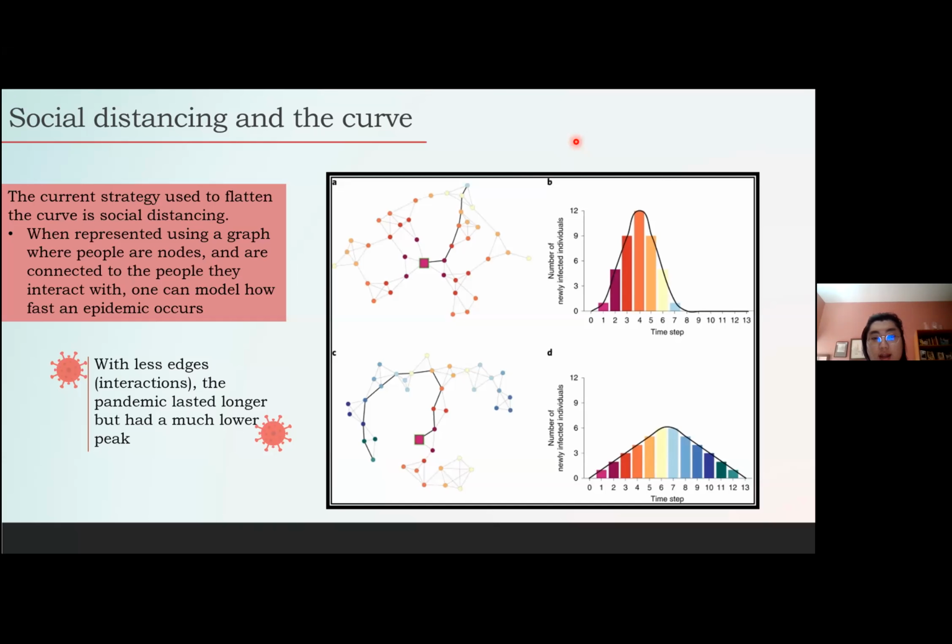But in the second graph, what they did was they enacted social distancing based off a couple of different strategies. The first that we'll be exploring in today's talk actually just has people relatively isolating themselves from everyone.